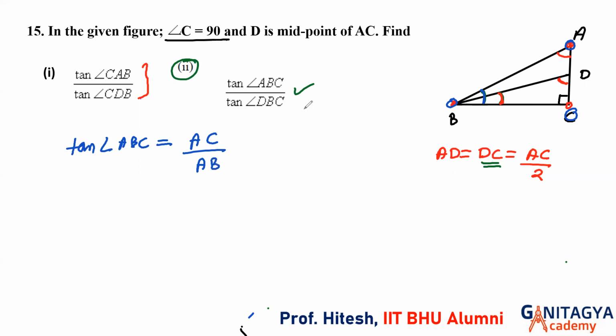Am I correct? For any doubt, let me know. Similarly tan angle CDB, that will be DC upon BD. The ratio of these two we have to find out. So how we will find out? Angle ABC is equal to AC upon BC, not AB.